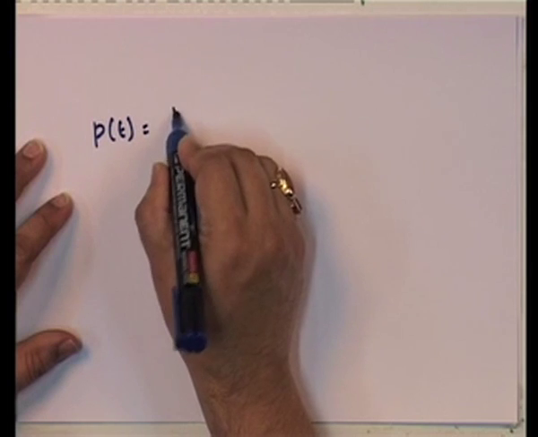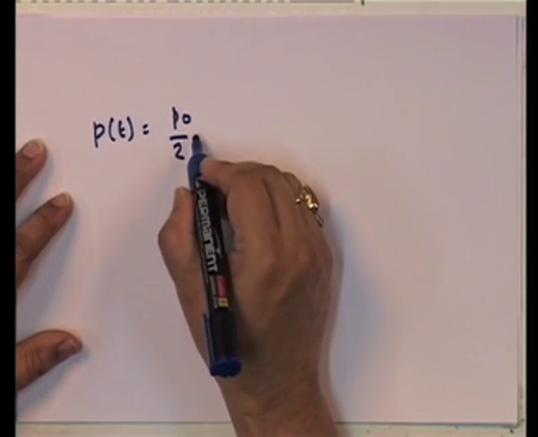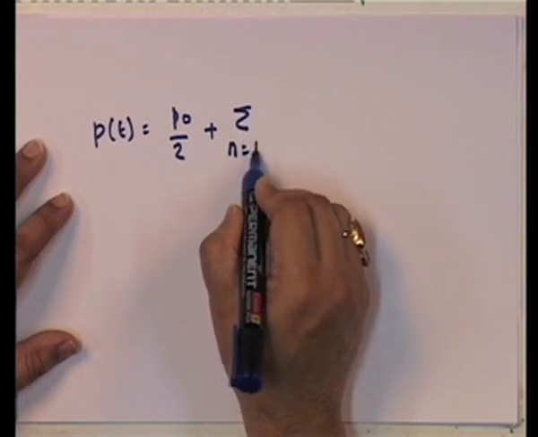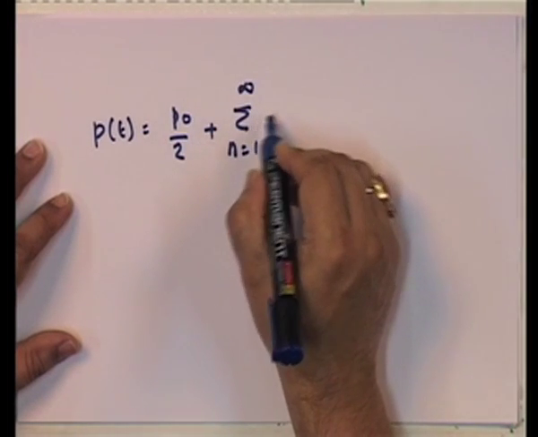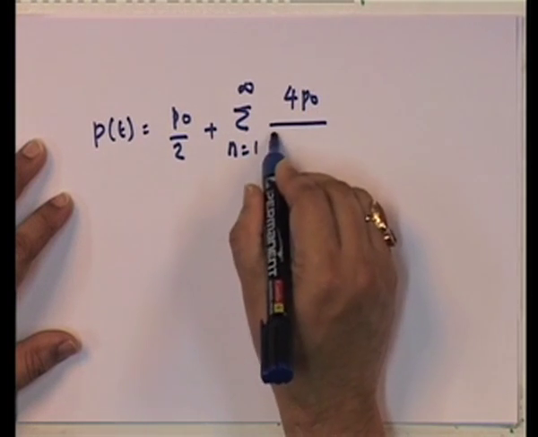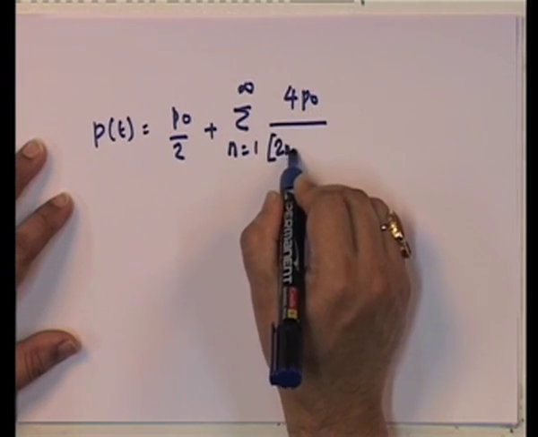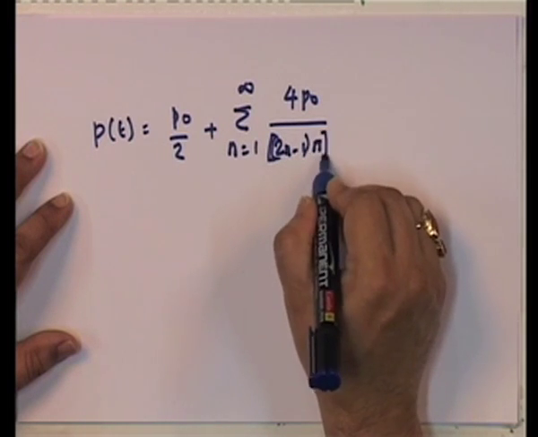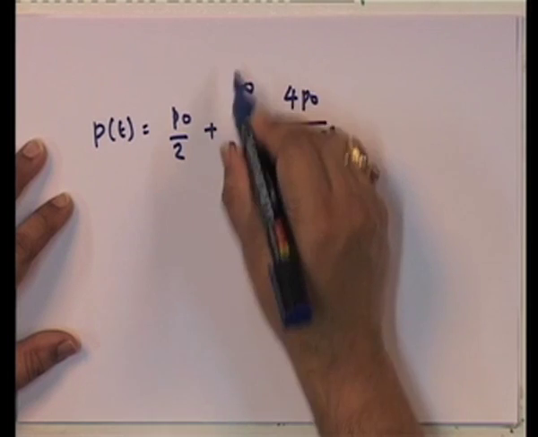to P by 2 plus the sum over n going from 1 to infinity of 4 p 0 upon (2n minus 1) squared pi squared, times cosine of (2n minus 1) pi t upon t naught. Why am I doing 2n minus 1? To get the odd values only. Remember that I am doing all throughout.